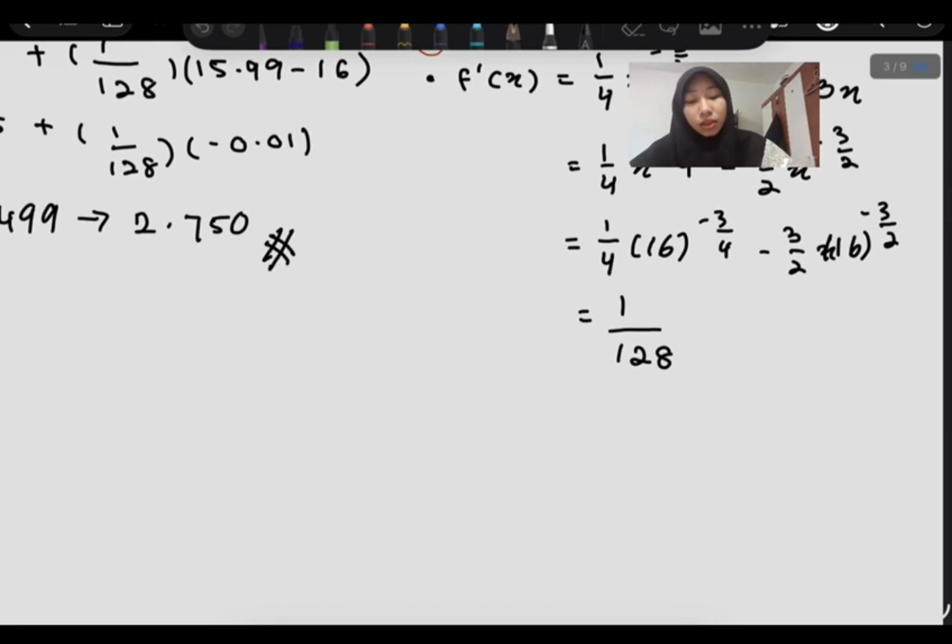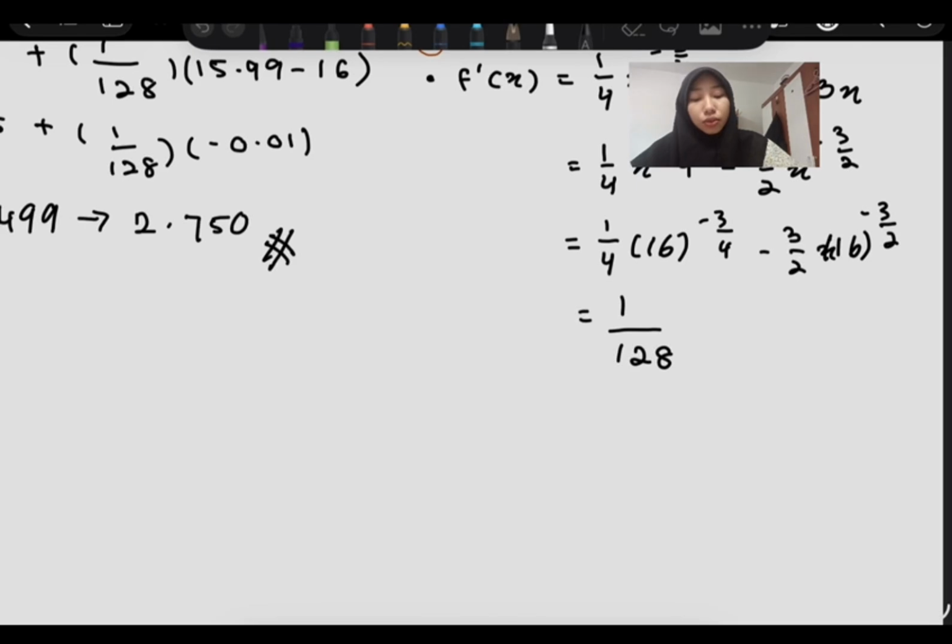Then we substitute 16 in the x. So we got 1 over 4 times 16 to the power of negative 3 over 4 minus 3 over 2 times 16 to the power of negative 3 over 2.